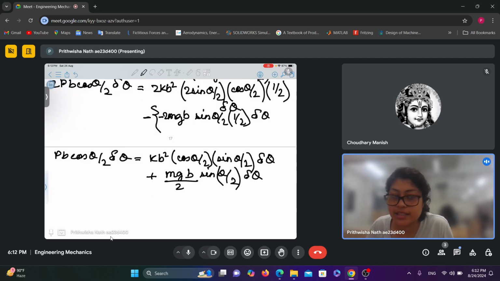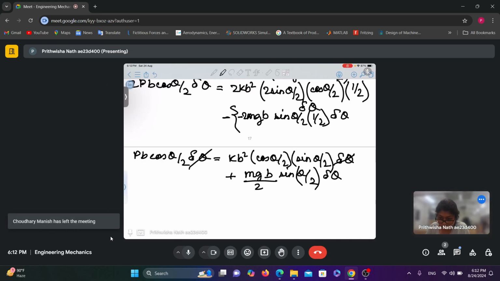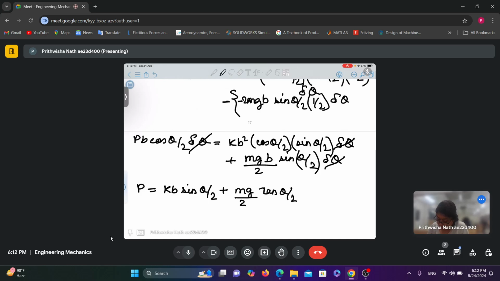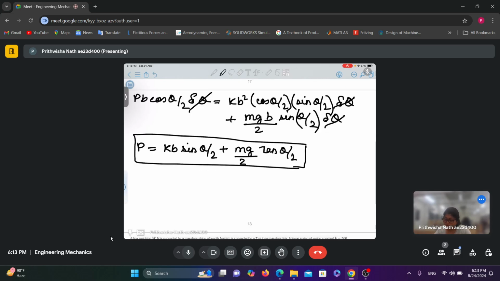Now I'll just cancel delta theta. So this becomes P equals to kb sin theta by 2 plus mg by 2 tan theta by 2. Now I just need to substitute the given values.